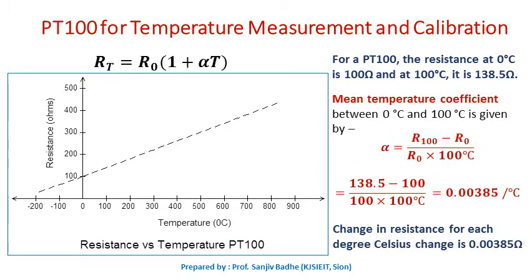Now, this relation is obtained from the earlier relation. The mean temperature coefficient for PT100 is calculated as 0.00385 per degree centigrade. It means that for each degree Celsius change, the change in resistance of PT100 is 0.00385 ohm. Because of the linear nature of the graph of resistance versus temperature, platinum sensors are preferred over the other sensors.